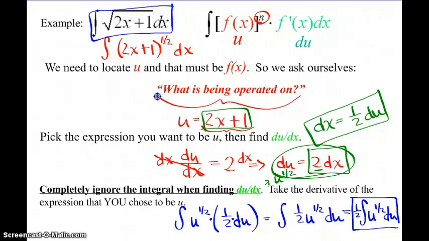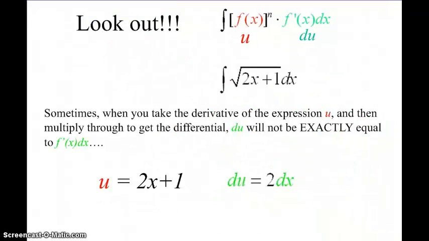Now I'm going to go on to the next screen, and we've got the look-out check. If you look at this quickly, this is exactly what we had on the prior slide. We said that if u is 2x plus 1 and du is 2 dx, then I can equivalently write that original integral like so.